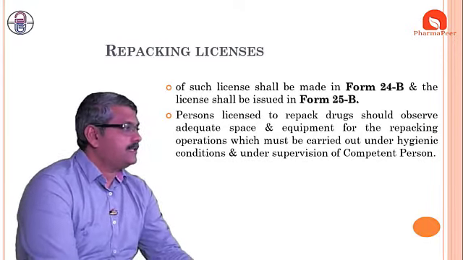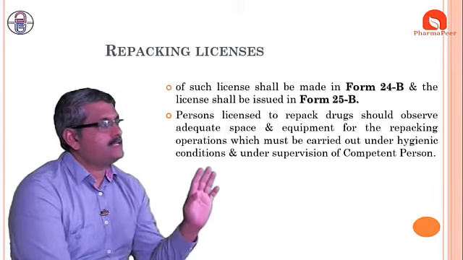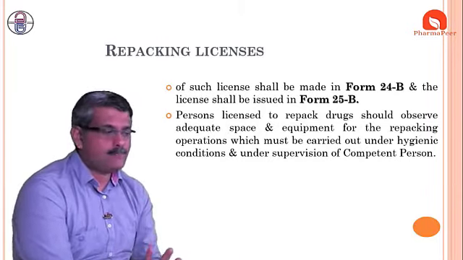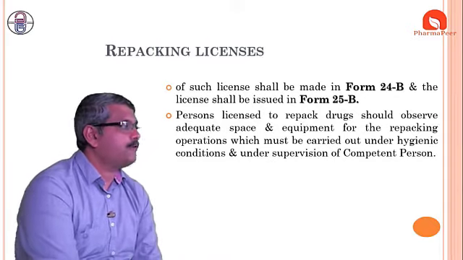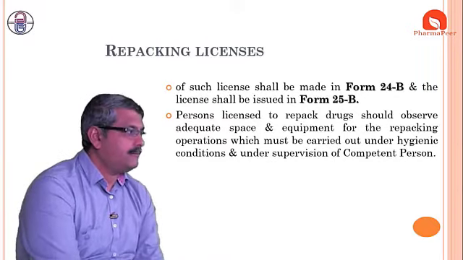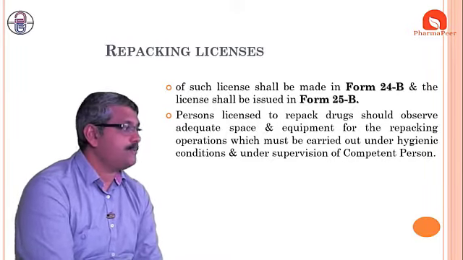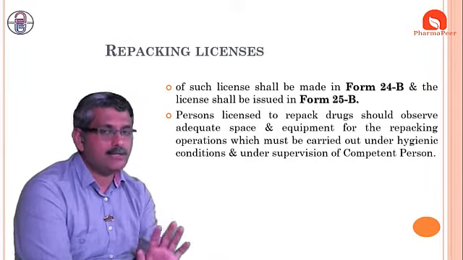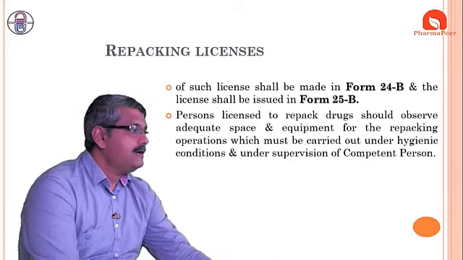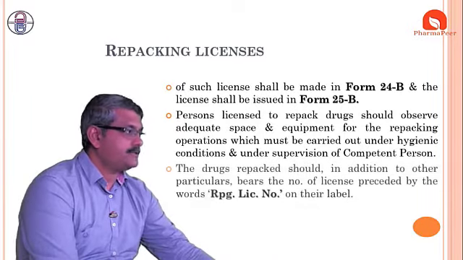Next, the person licensed for the repacking of the drug should have adequate space as well as the equipment for the repacking of the materials, as well as proper hygienic conditions, and the activities should be controlled under a competent person.